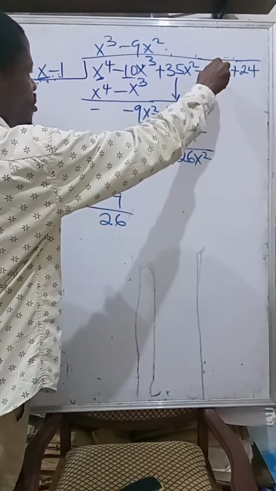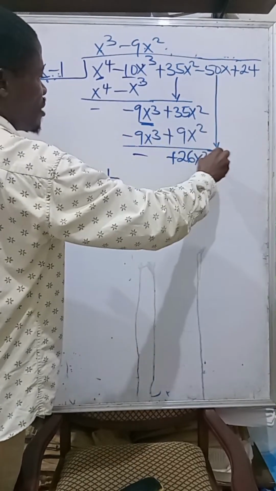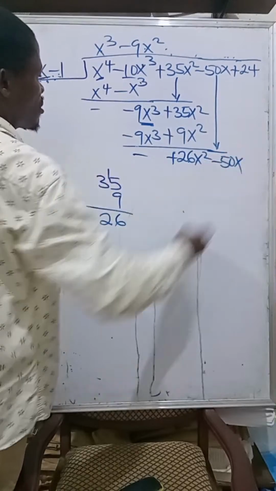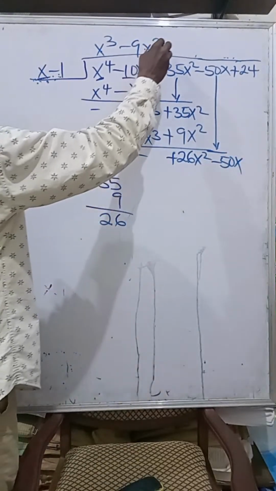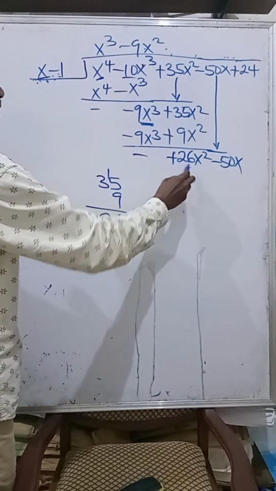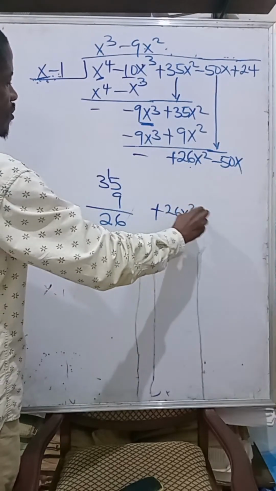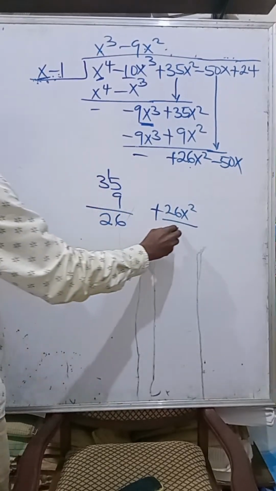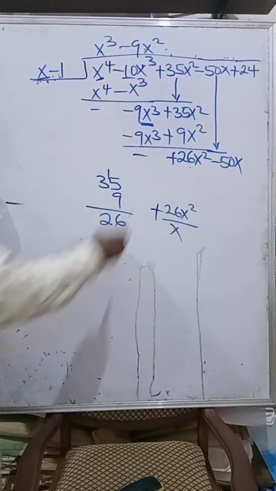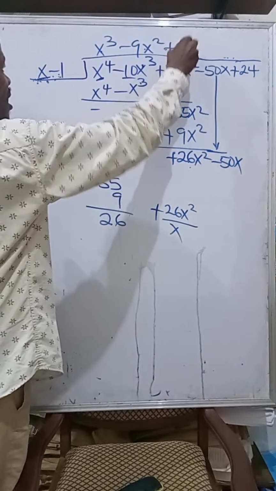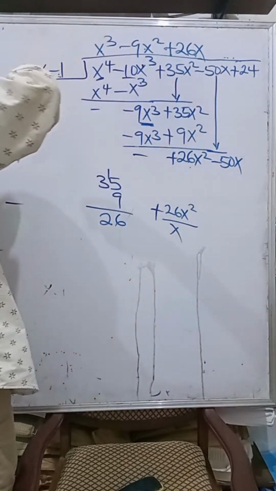Then take the next one, bring it down. That's a minus 50x. Then use it to multiply. So once we are here now, take the first one, plus 26x squared, over the first one here. That will give us a plus 26x. And use it to multiply.